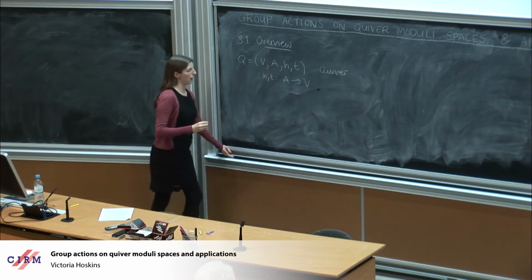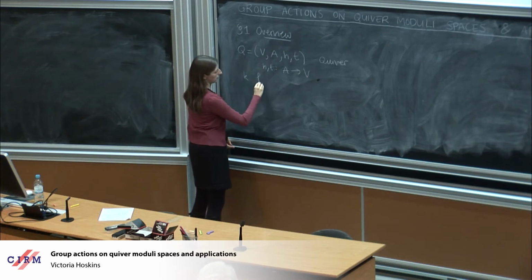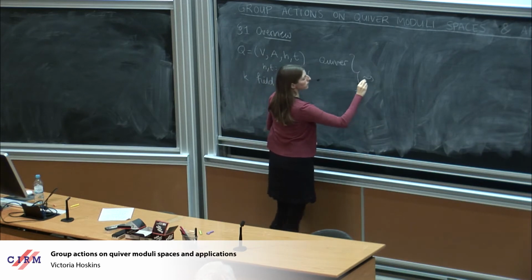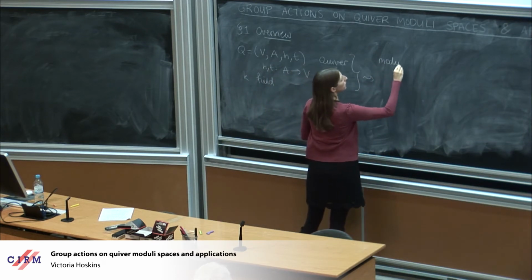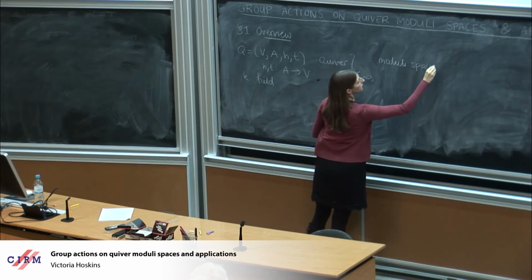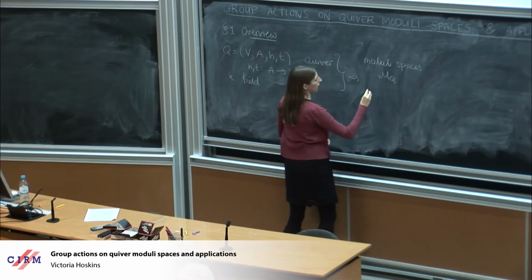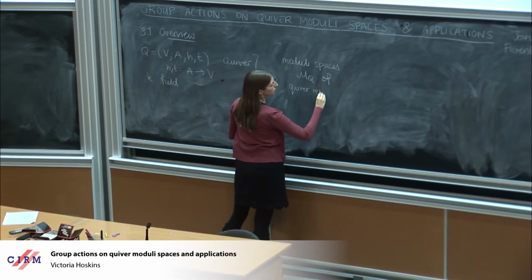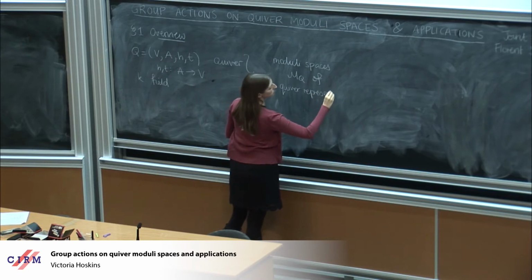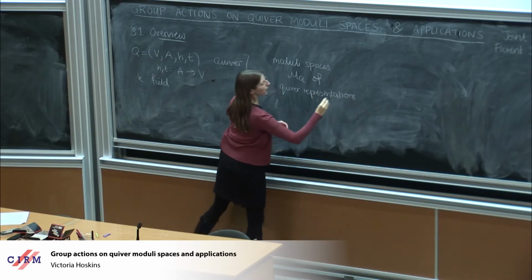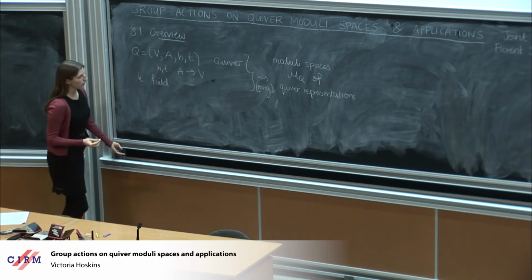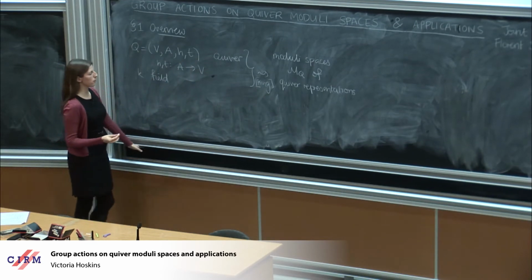And we have a field K. Then associated to this, one can define certain moduli spaces of semi-stable quiver representations over K. I'll explain how to do this shortly, but this construction was done by Alistair King using geometric invariant theory. And the two types of actions that we're going to be considering are as follows.